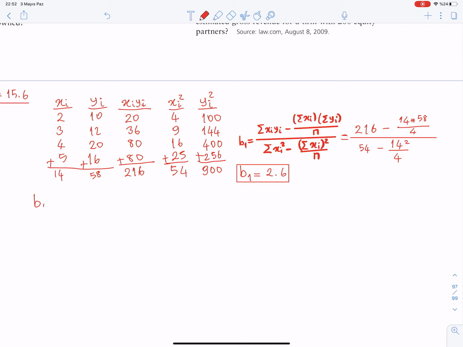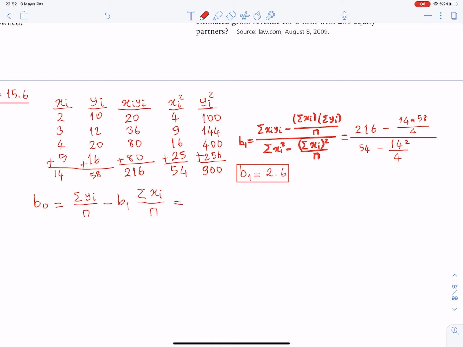B null, remember, is the sum of yi divided by n minus b1 times the sum of xi divided by n.